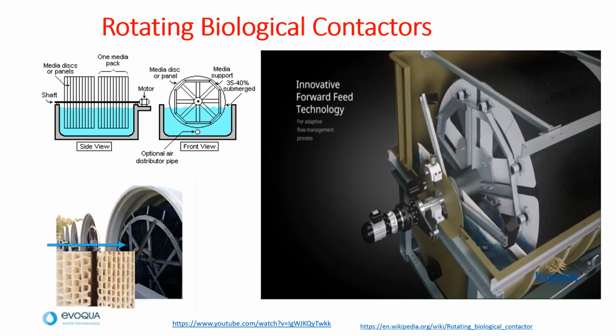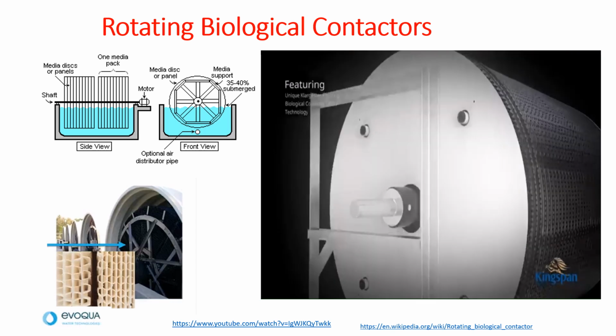So the components of the rotating biological contactor are the horizontal shaft on which the high density plastic sheets, which are closely packed, are mounted, and the shaft is rotating, so it has a motor which helps in rotating the shaft. So the shaft with the plastic discs is immersed in a tank which is carrying the wastewater to be treated.